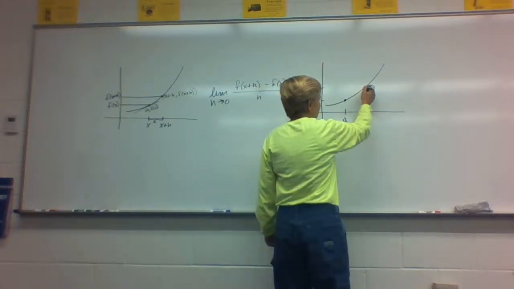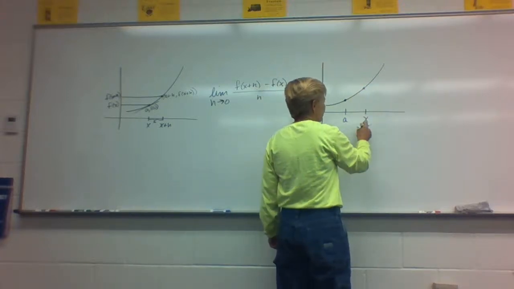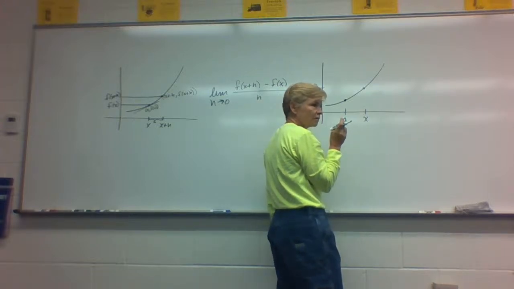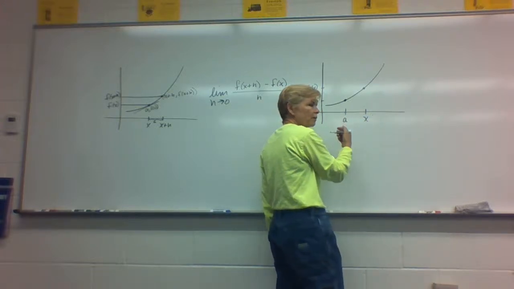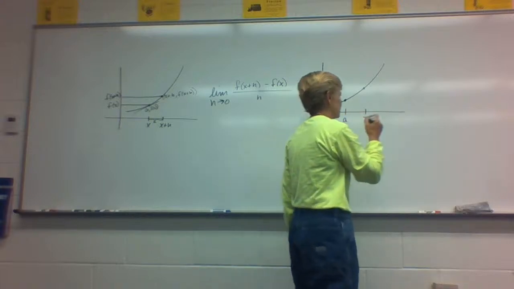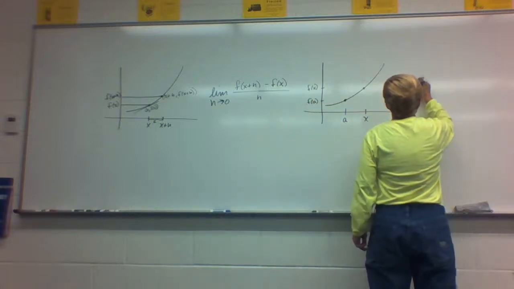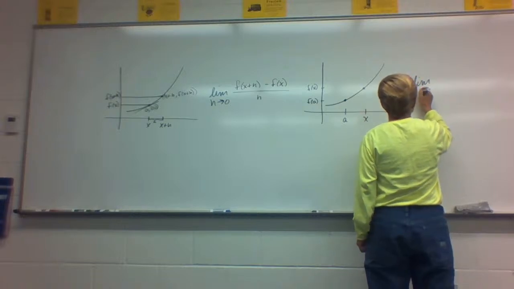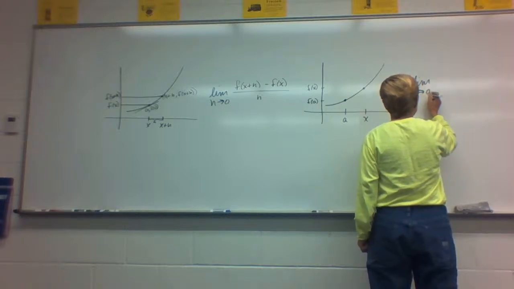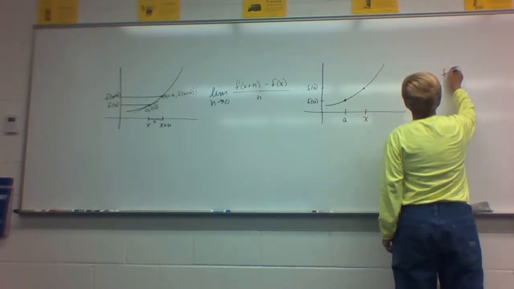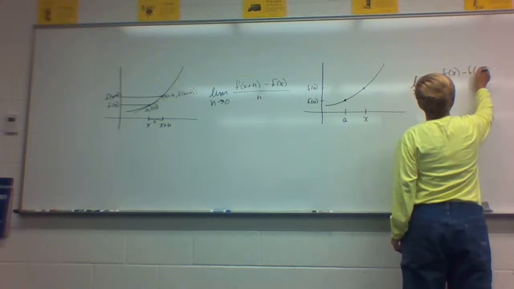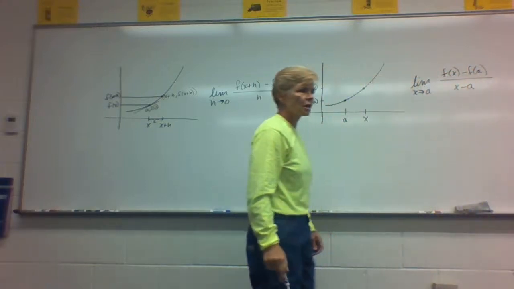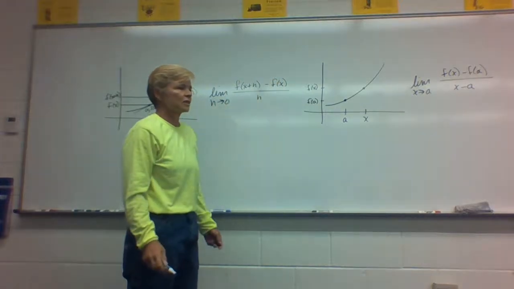So I could pretend this thing's crawling towards this, and x is getting closer to a instead of h diminishing. But still, x is getting closer to a, right? So this is how it would look. The limit, if I wanted to find the slope of the curve at a, would be the limit as x approaches a of f of x minus f of a over x minus a instead. You see it's the same idea?